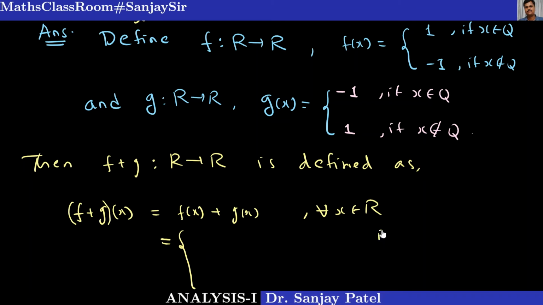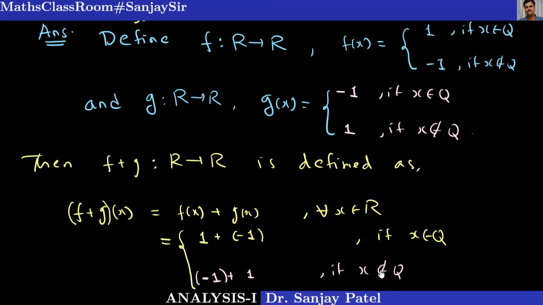So if x is a rational number, if x belongs to Q, then f(x) is plus 1 and g(x) is minus 1, correct? And if x is irrational number, then f(x) is minus 1 and g(x) is plus 1, if x does not belong to Q.